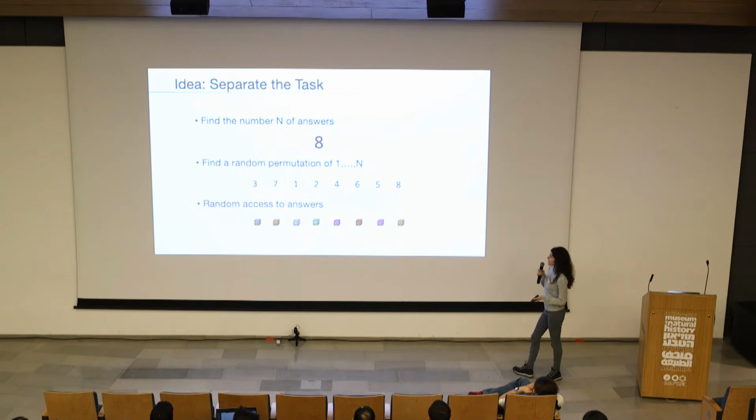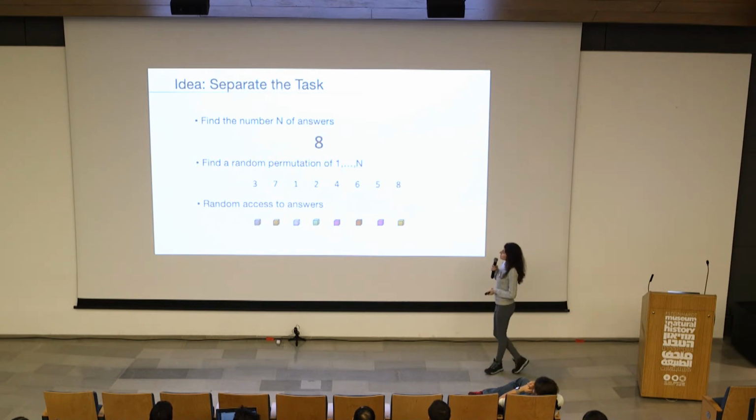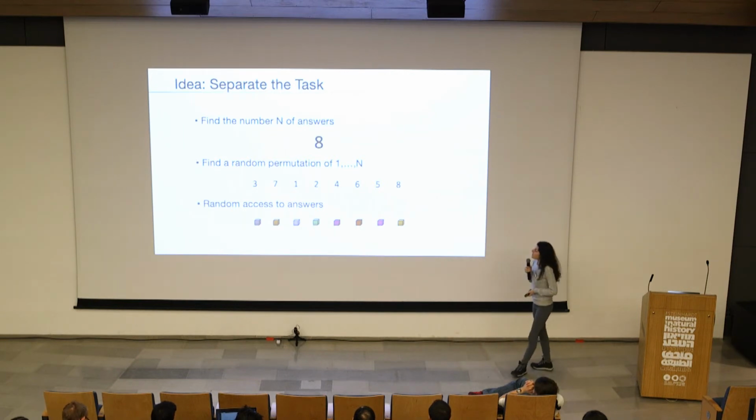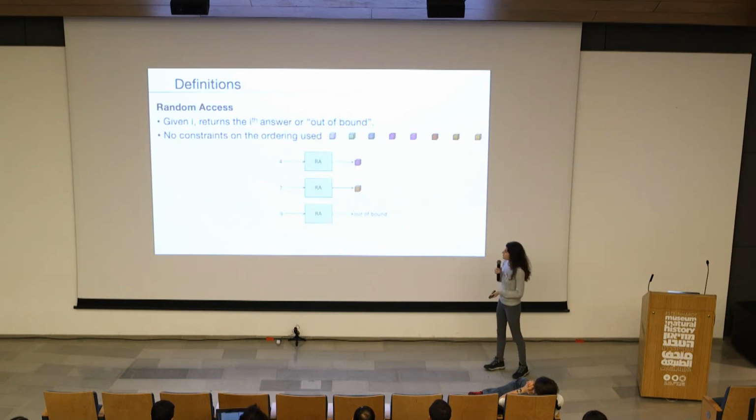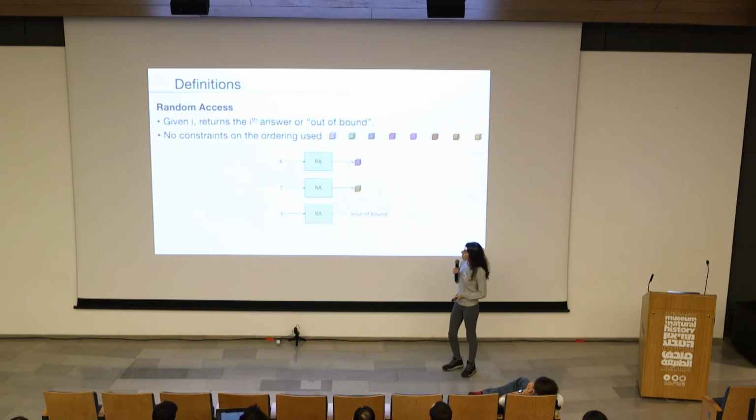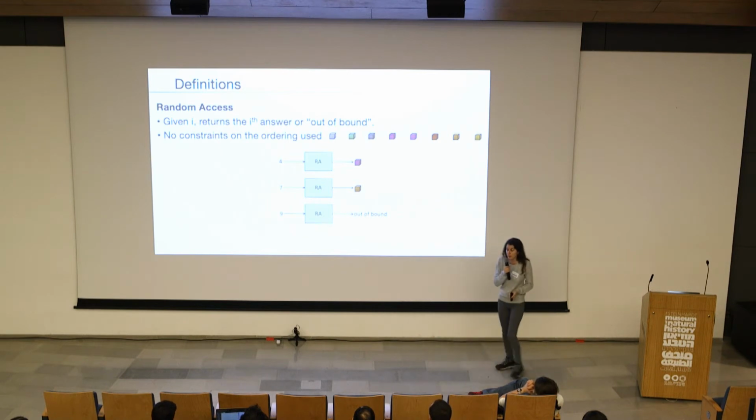So one way of achieving a random permutation is to separate it into different tasks. First of all, find the number of answers. Then we have some algorithm that generates a random permutation of the indices. And then we would have an algorithm that gets an index and returns answer number I. So that's why we're interested in the problem of random access to answers of queries.